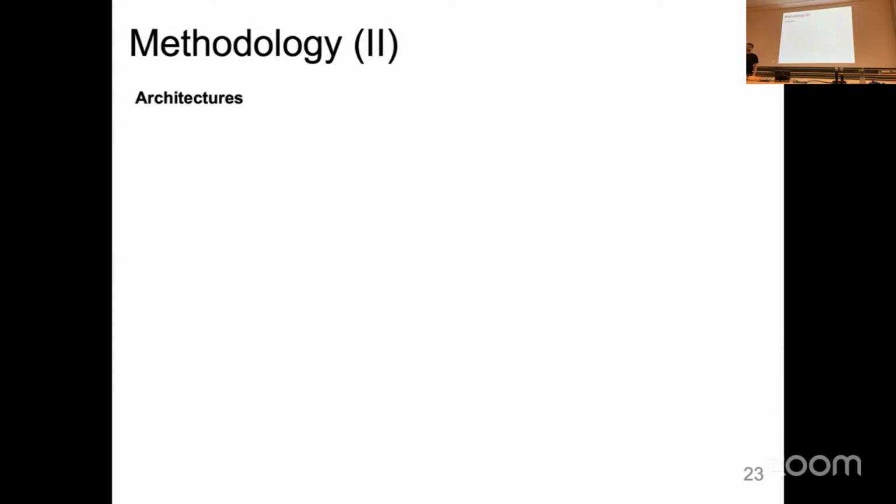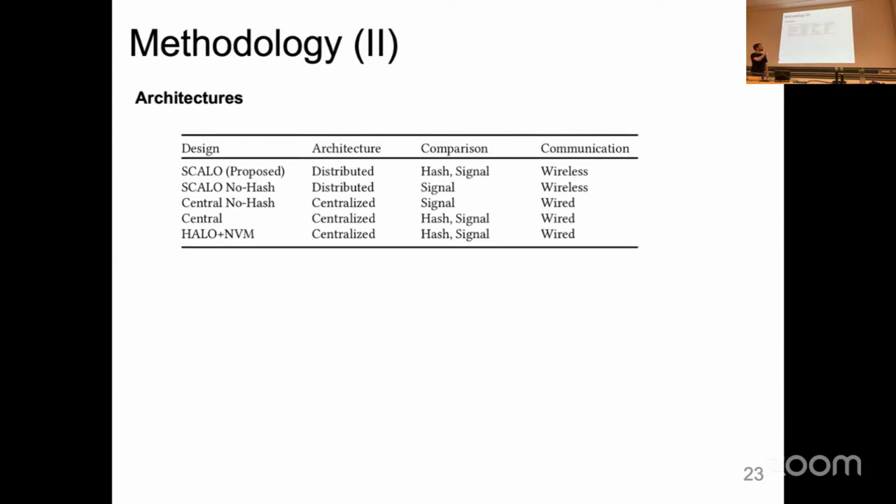Then the architectures that are being compared. They compare 5 architectures. Again, centralized means a centralized processor, but potentially distributed electrodes for sensing. They compare SCALO, which is what I presented, then SCALO without hashing, Central, which is a centralized BCI, and Central without hashing, and then Halo plus NVM, so augmented with storage.